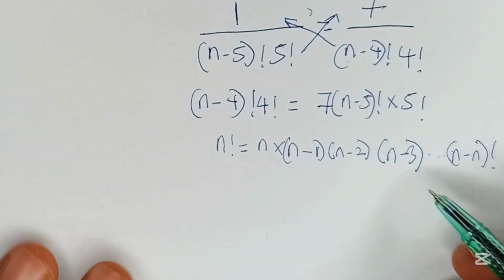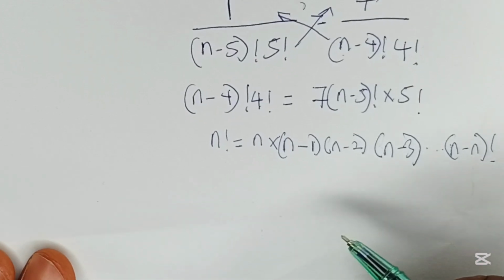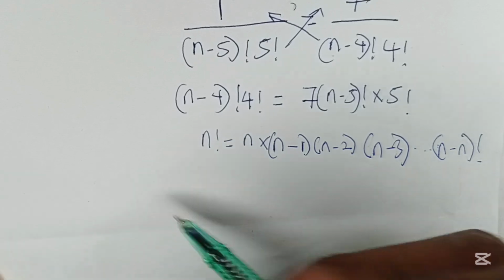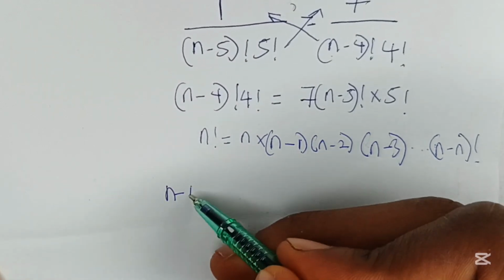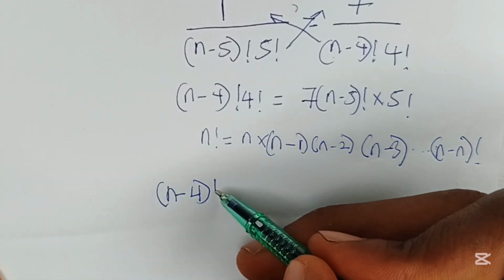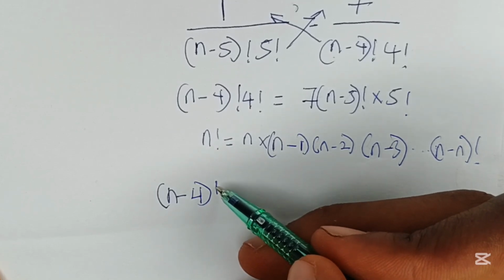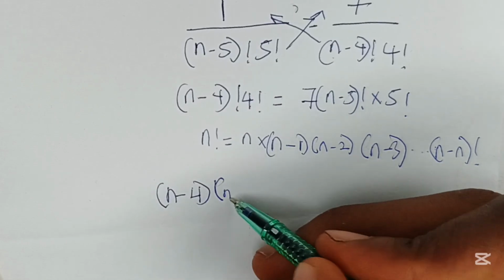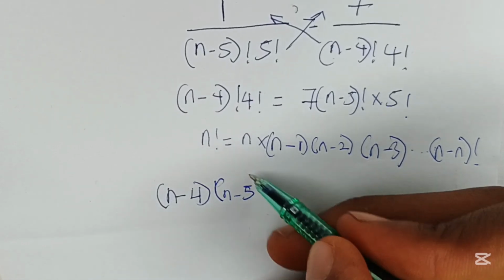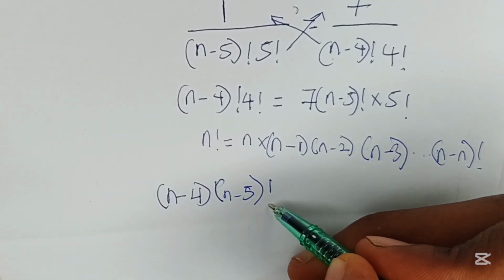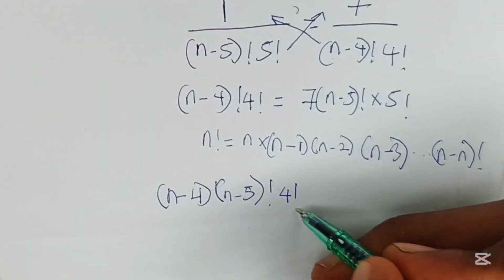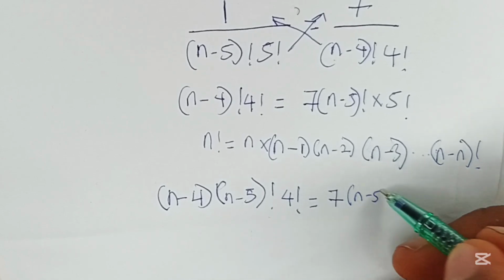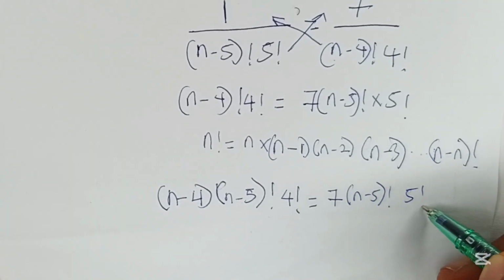This will not be any different, so it means that n minus 4 factorial can be expressed as n minus 4 multiplied by n minus 5 factorial, multiplied by 4 factorial, equal to 7 multiplied by n minus 5 factorial, 5 factorial.